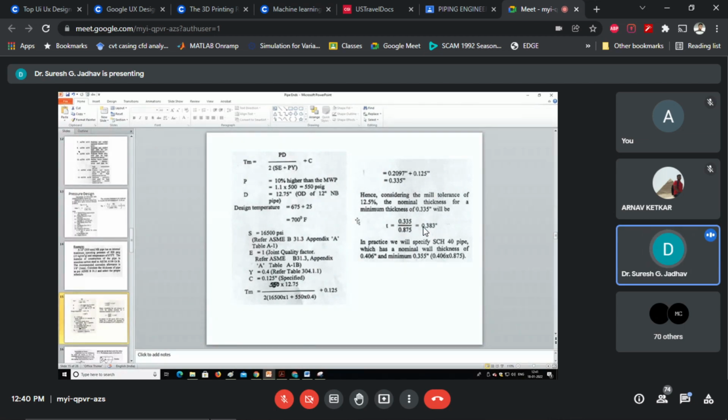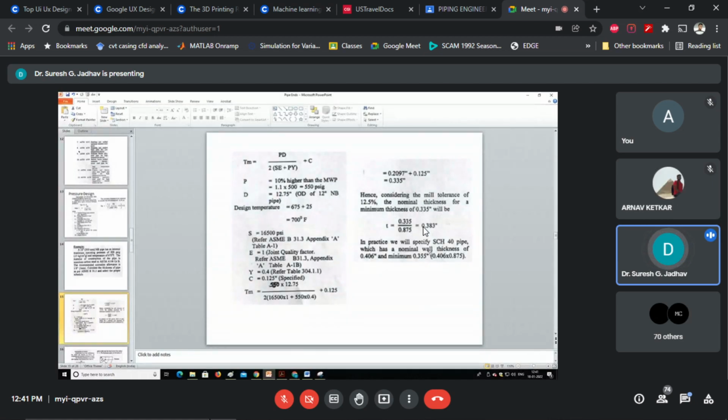In industrial practice, we can specify the wall thickness, or we have to select the proper schedule. It means we have to consider SCH 40. For this minimum thickness, this pipe comes under schedule 40 pipe, which has a nominal wall thickness.